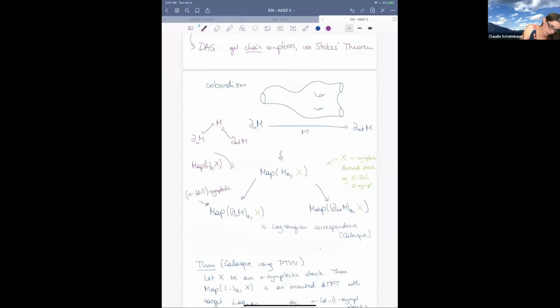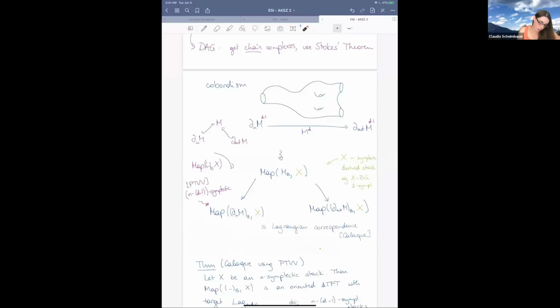So if this is d-dimensional and this is d minus 1 dimensional, the boundaries, then the PTVV, the seminal paper, showed that in fact, here, we can use this transgression that we saw above, and you get that this here is symplectic, where we shift by the dimension of this first part here, exactly.